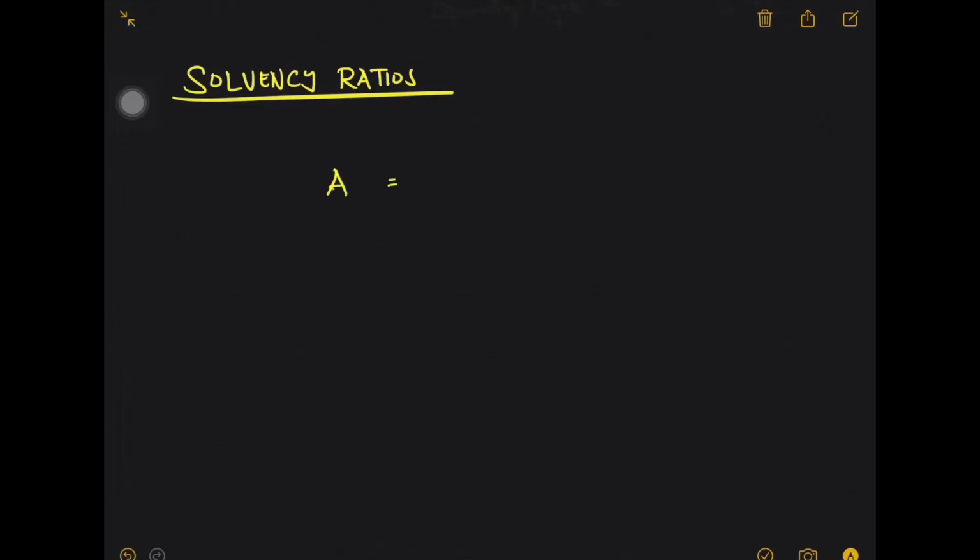Asset equals liability plus equity. And then divide all elements by assets. Divided by A, divided by A, and divided by A. Of course, the left side is 1. Asset over asset is 1.